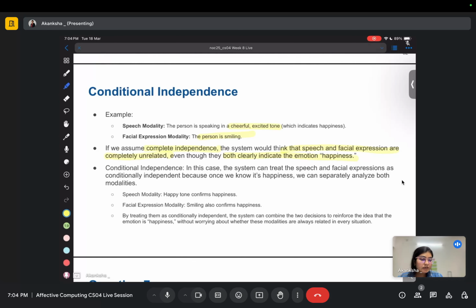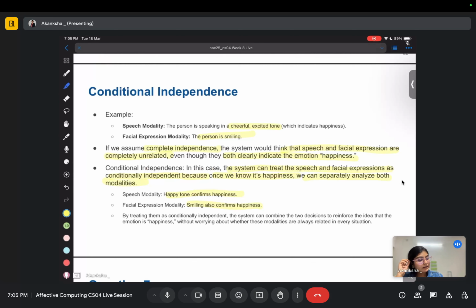And conditional independence gives you this benefit: the system can treat speech and facial expressions as conditionally independent, because once we know it's happiness, we can separately analyze both modalities. Happy tone confirms happiness, smiling also confirms happiness.